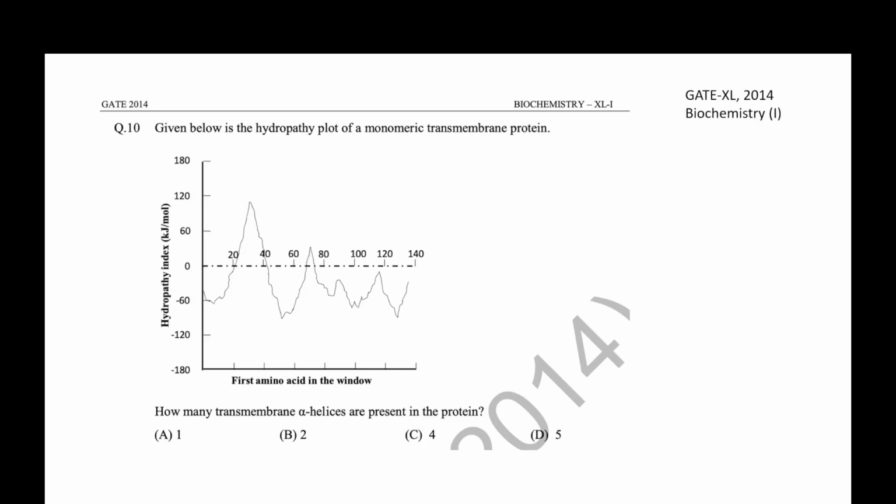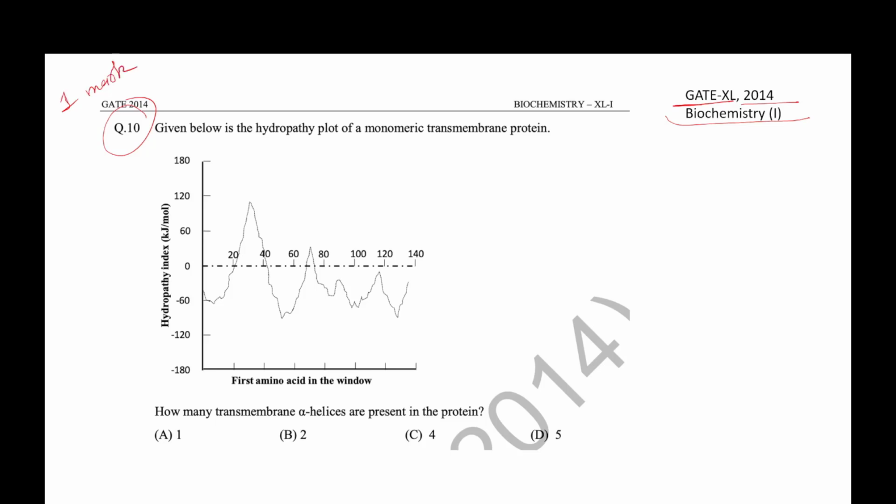Welcome you all. So today I have taken one question from GATE Life Sciences question paper 2014 from the biochemistry section. This is question number 10 of 1 mark only.